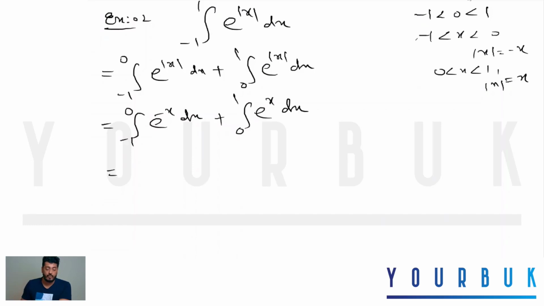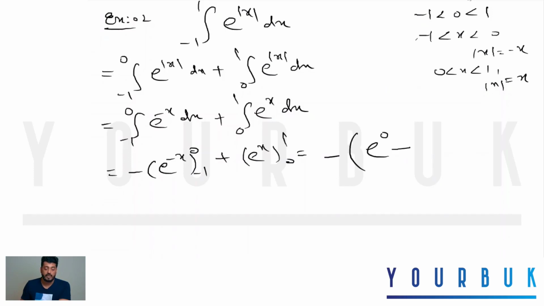Now when I evaluate this, the integral looks like minus e to the power minus x, minus 1 to 0, plus e to the power x, 0 to 1. So this will be minus, at 0 the value will be 0, and minus e to the power minus 1, when you replace in place of x, this becomes e to the power 1. I hope this step is clear. And then plus e to the power 1 minus e to the power 0.